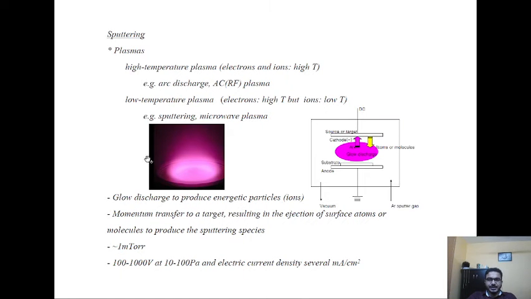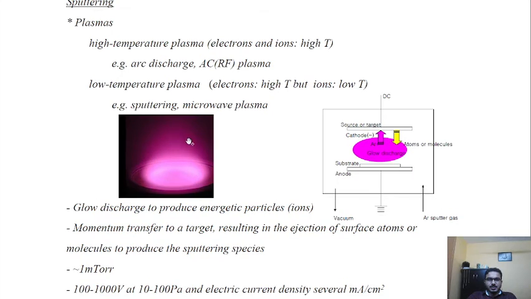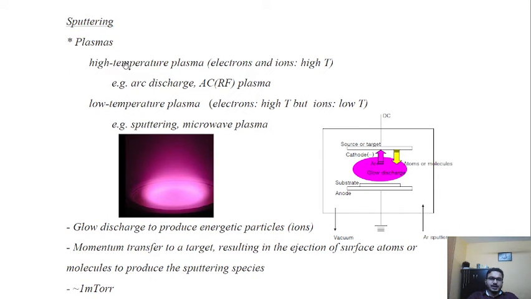So let's begin with our next topic, that is sputtering. Here we are having a high temperature plasma. Here we will be predominantly using plasmas.